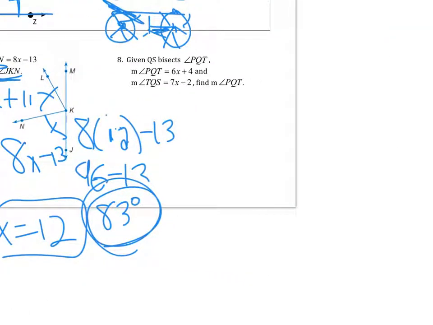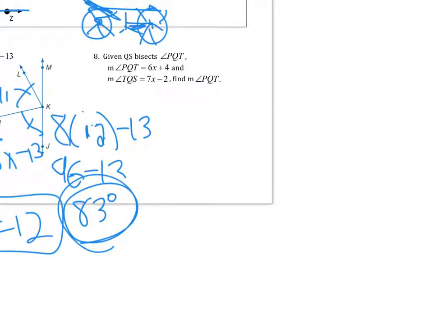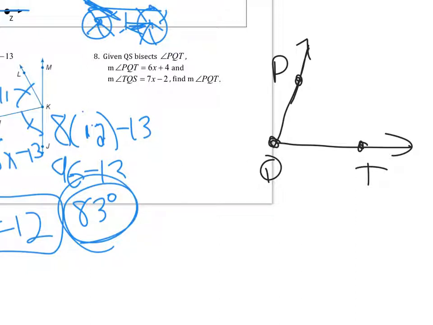So, given QS bisects PQT. So this one, they don't even give you a picture. That's kind of mean. So we have PQT and QS bisects it.